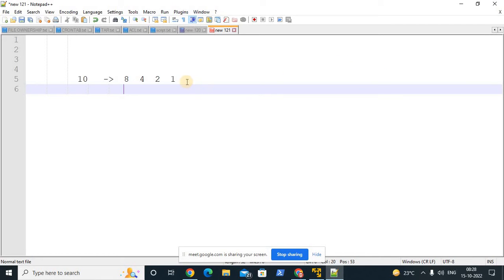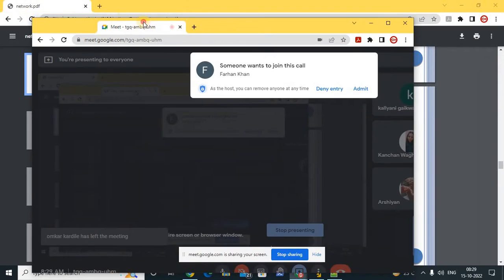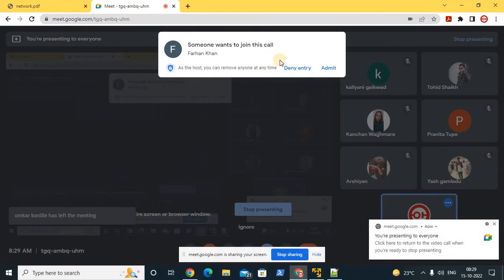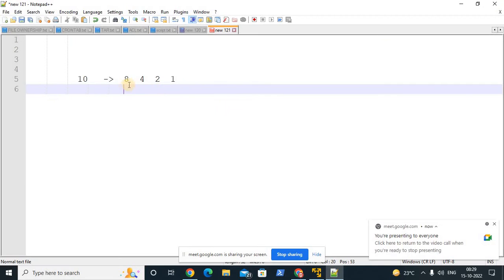Here 8 plus 2 gives 10, so the actual addition is 10.